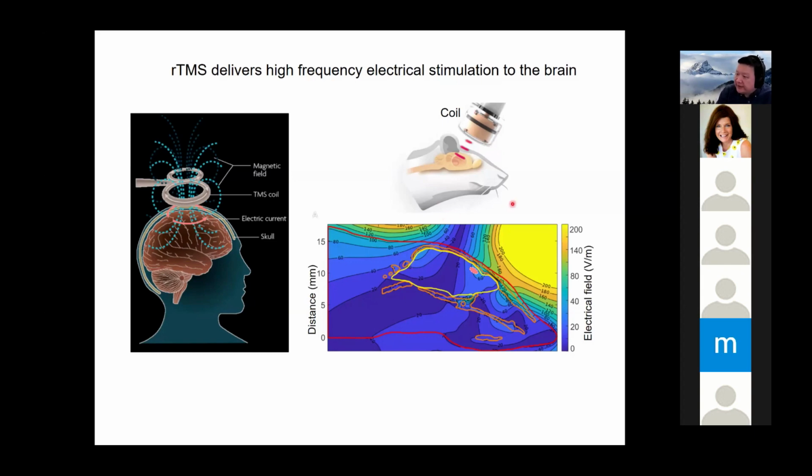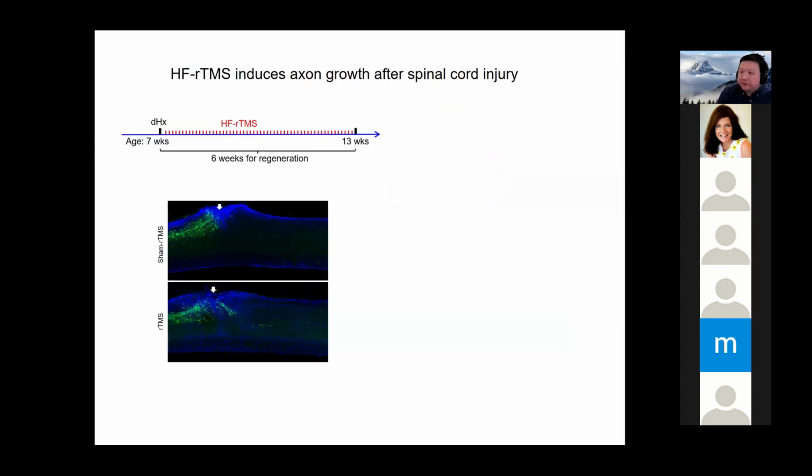So again, we tested this in mice. We tested the efficacy of rTMS in promoting CST axon regeneration using this timeline. The rTMS was conducted daily for 6 weeks, as indicated here by these red bars.